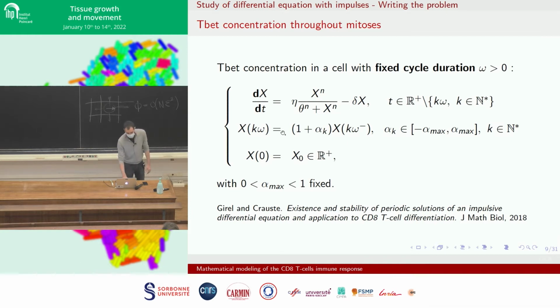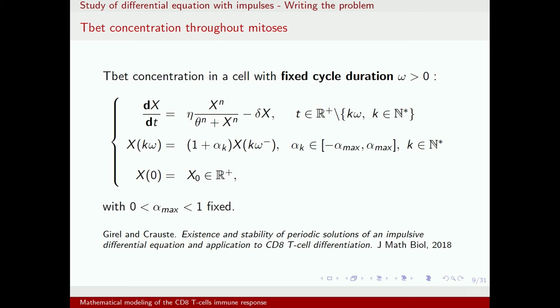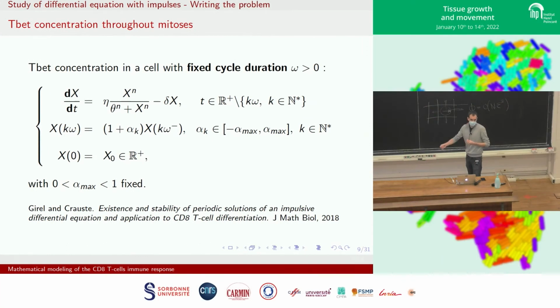And at each division, so at each time that is a multiple of the cell cycle length omega, the solution is multiplied by a factor 1 plus alpha k, where alpha k can be chosen stochastically, for example, in an interval included in (-1, 1), more precisely (-alpha max, alpha max), where alpha max is just a parameter of the model that characterizes to which extent the division of the proteins can be non-symmetric.